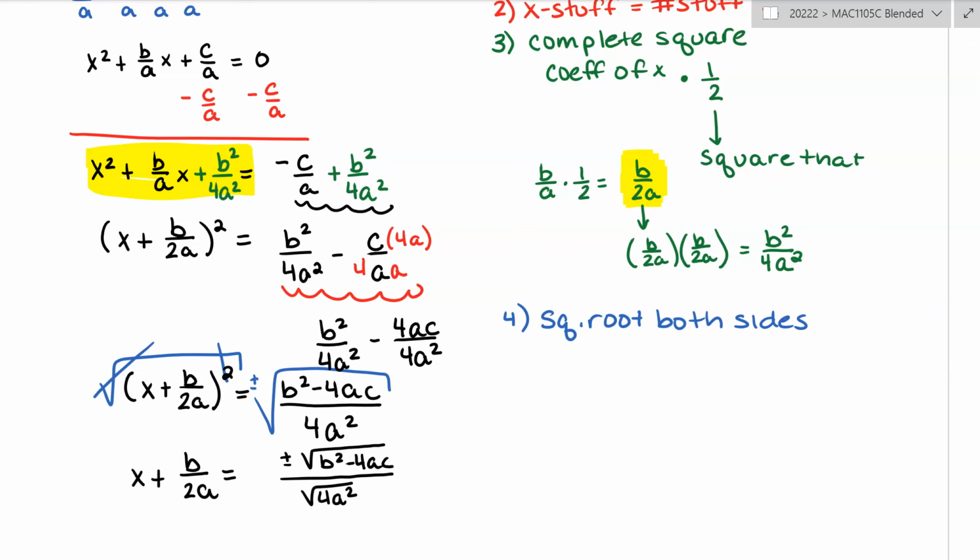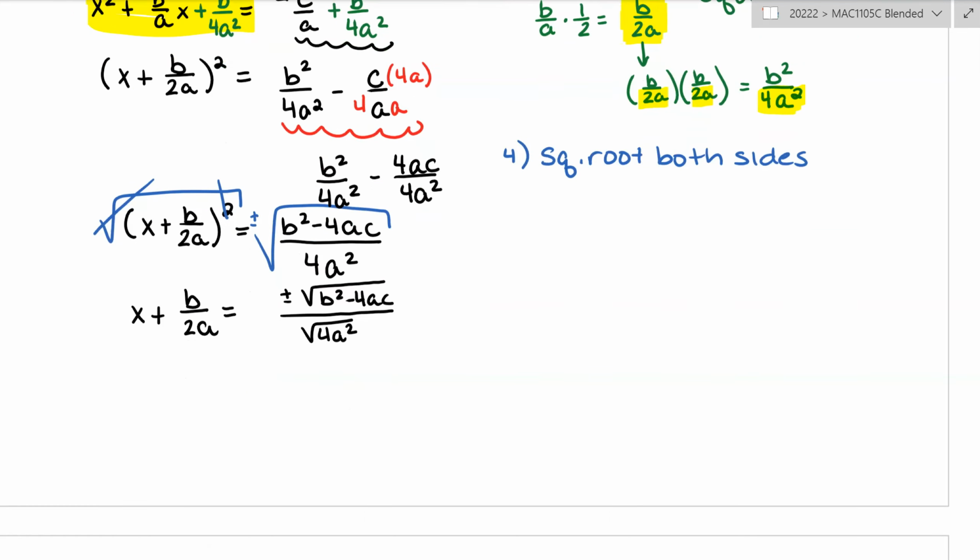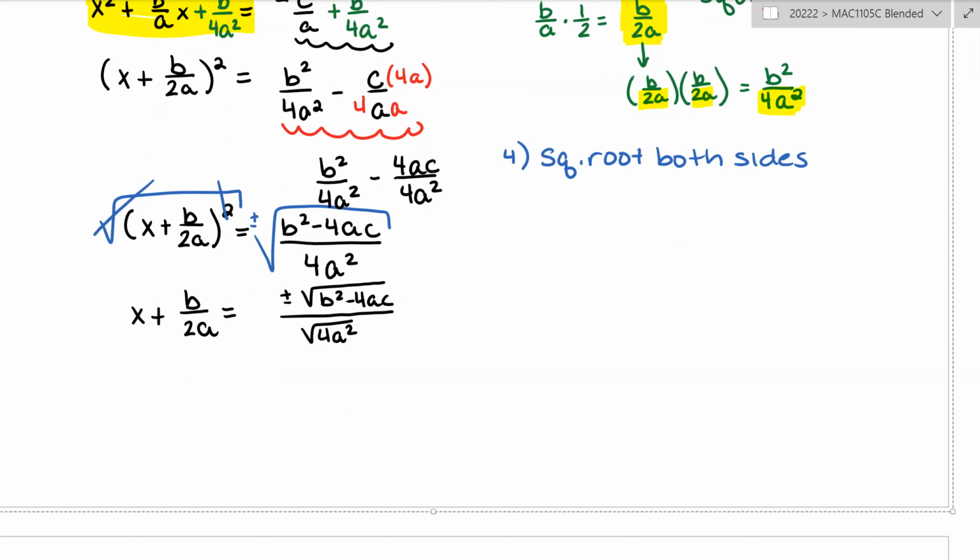But if you look back to this green step here, the place 4a squared came from was squaring 2a. So we can actually simplify that just a tiny bit more.